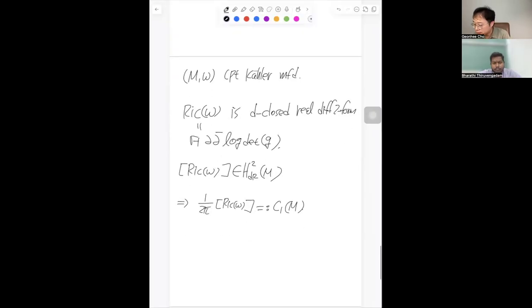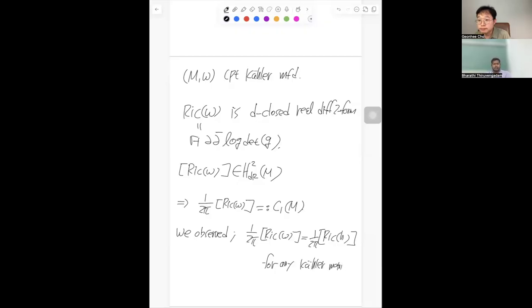This is the definition of the first Chern class. And what we observed was, if we choose another Kähler metric, say h, they must be the same. That's what we observe for any Kähler metric h. Is that okay with you up to here? Yes.